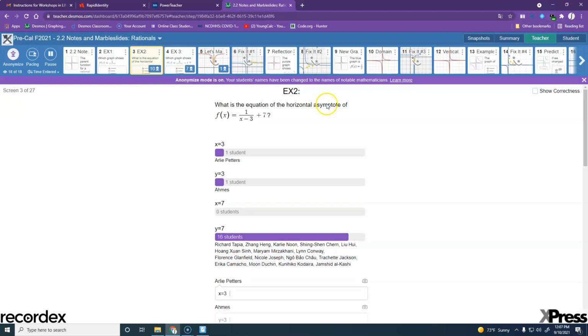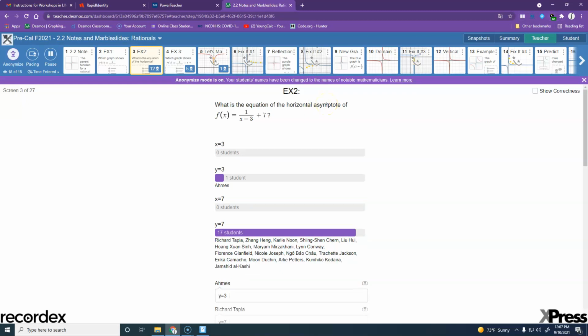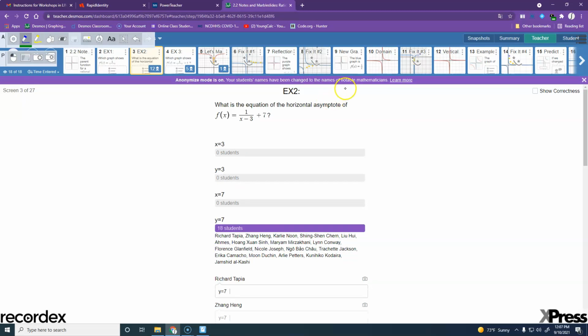If you have y equals some number, that is a horizontal line. And if you have x equals some number, that is a vertical line. It is backwards from the axes.